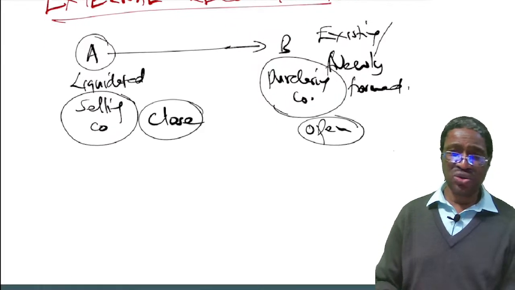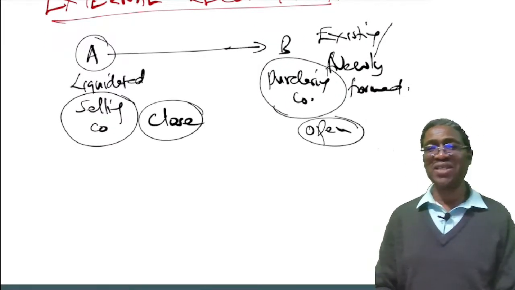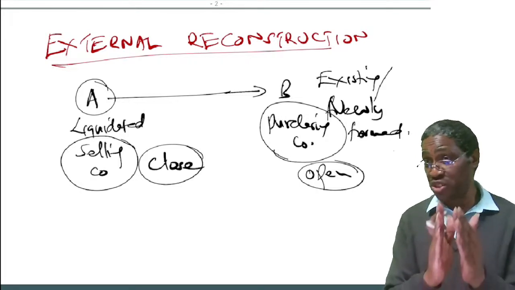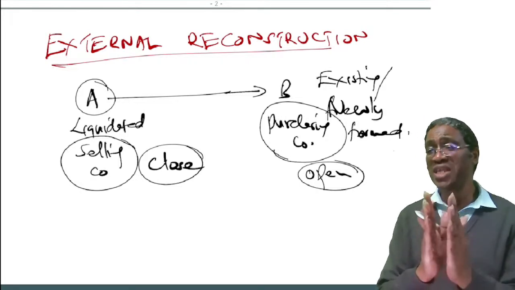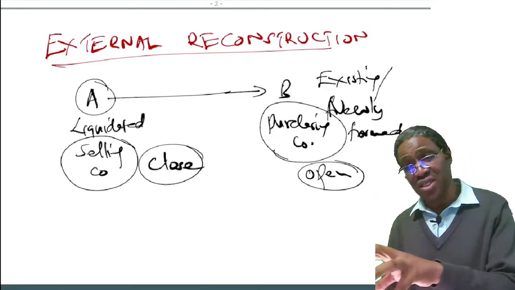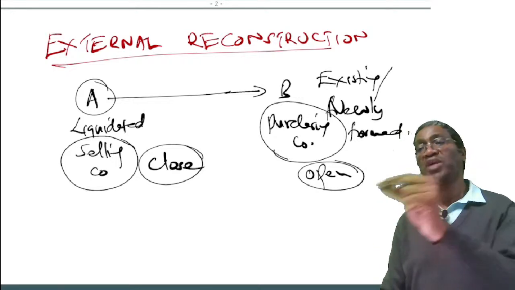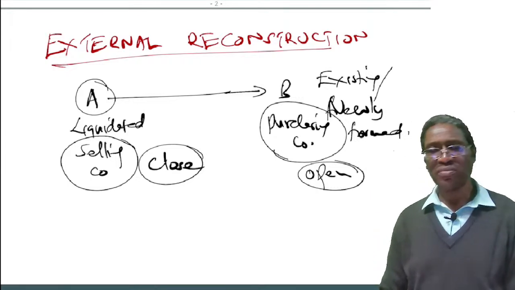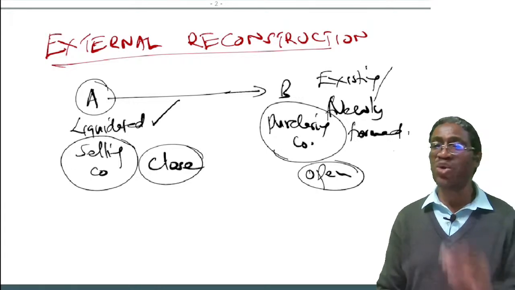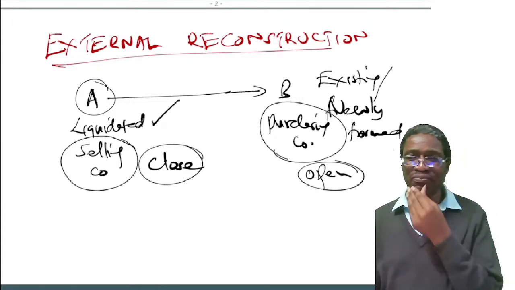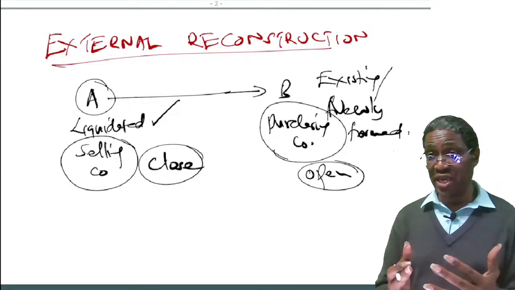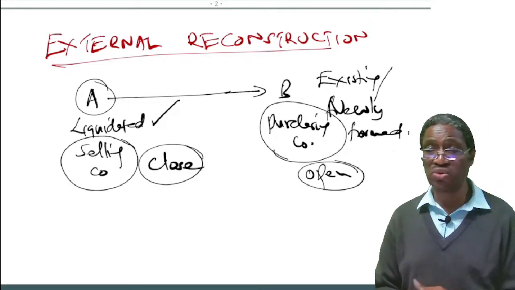So when does an external reconstruction occur? External reconstruction takes place where a company is liquidated and they sell their business to another newly formed or existing company. Another point: company A must be liquidated. It means that by the end of the day, the stakeholders of company A must be paid what is due to them.